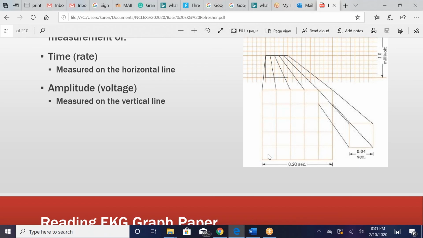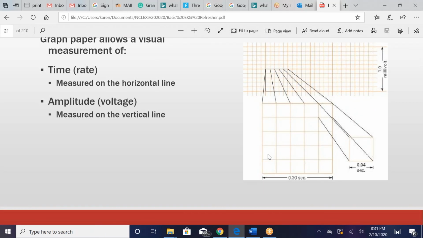And if you put them all together, it makes 0.20 seconds. It is important because it measures voltage and also rate. So this big box altogether is 0.20 seconds, but one small box is 0.04, and it makes sense because when you add it up, you get 0.20.